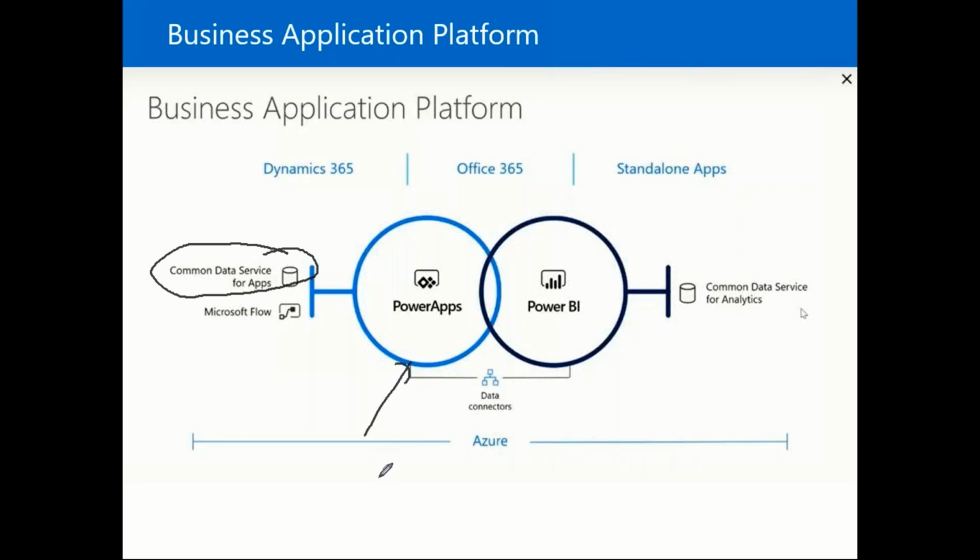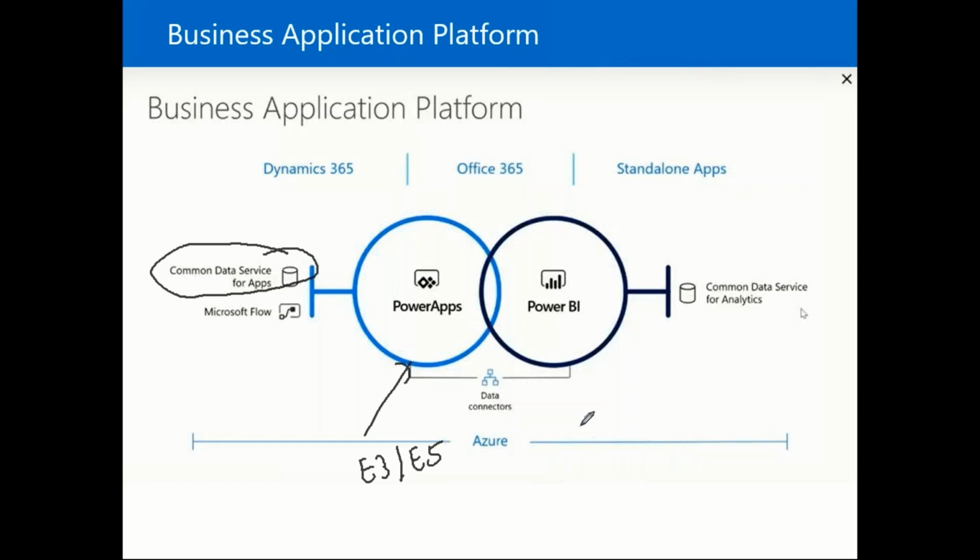If the customer has E3 or E5, and there are a few other plans that directly provide Power Apps, you can connect to any of the services within Office 365. I can connect to a SharePoint list and do whatever I want in Power Apps. I can connect to even Dynamics 365, if it is part of my licensing.